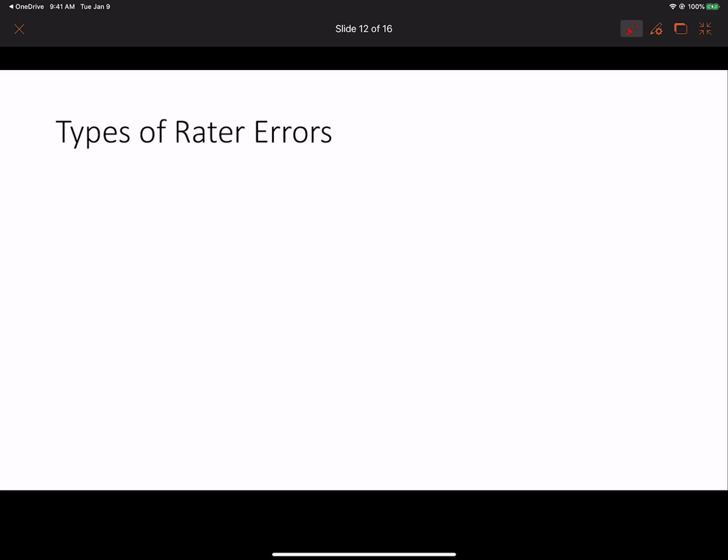Now, when it comes to errors and the rater, there are different types. You have varying standards. If there are no set standards, if it's all subjective, then you're going to have problems with the rater and being able to assess the person. You have the recency and primacy effect.